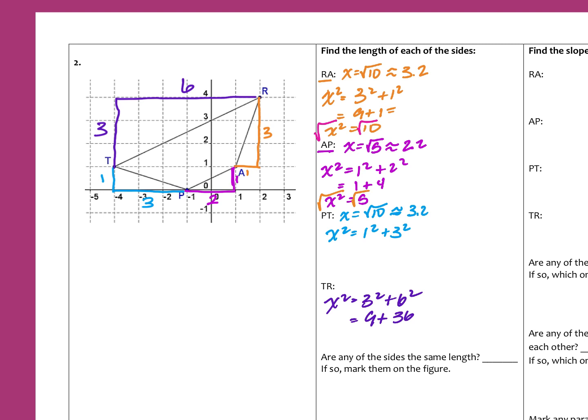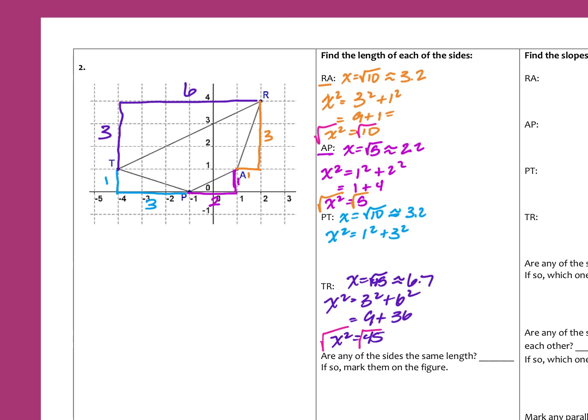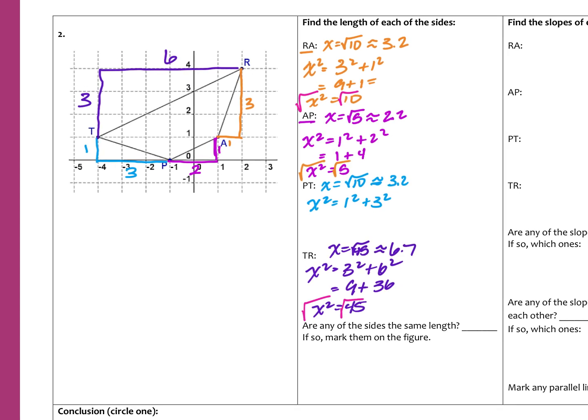What's 9 plus 36? 45. And how do I get x? Square root it. 6.7. Okay.